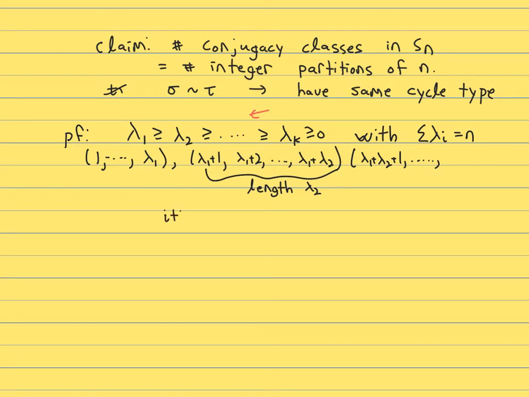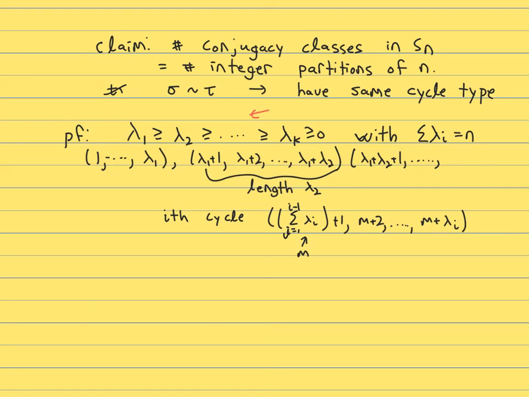The ith cycle starts with the element the sum of lambda j, as j goes from 1 to i minus 1, plus 1 as its first element. We'll call this thing m for simplicity. Then m plus 2, all the way up to m plus lambda i. And so that is in fact a cycle of length lambda i.